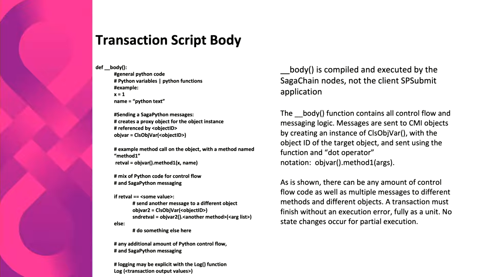And so down below that, you'll see there's a straight if statement. It says send a message to a value like obj_var2 here, which is a different object. I'm sorry, I've got this slightly wrong. It's taking the return value of the first message, and it's deciding whether or not to send another message afterwards.